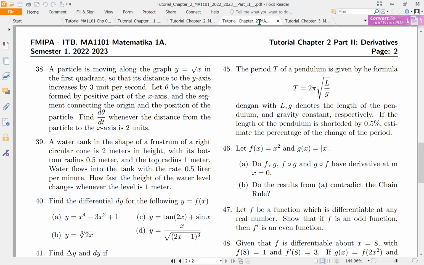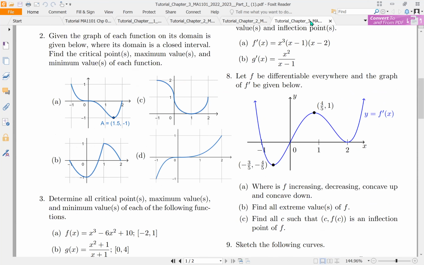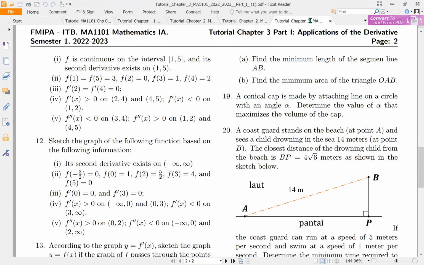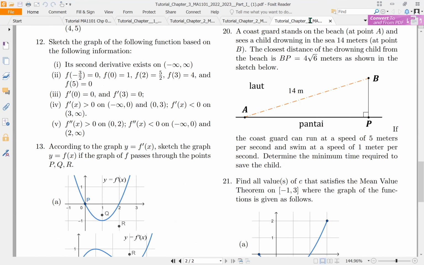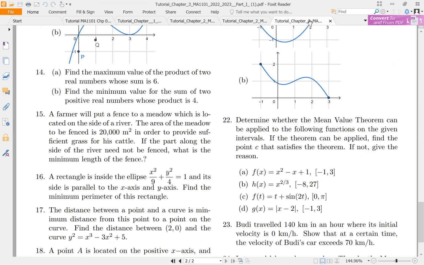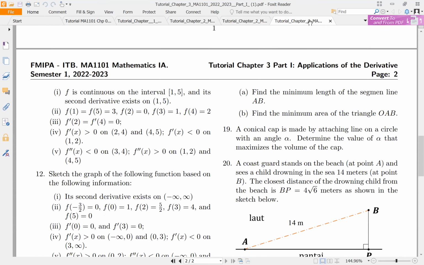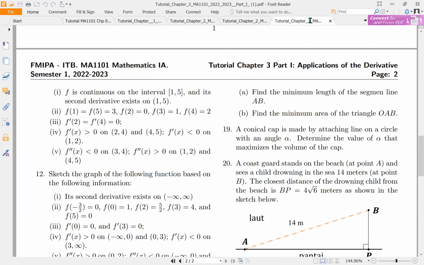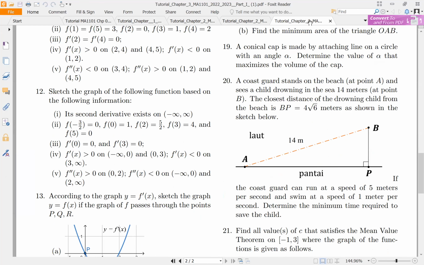That's the typical one. And for the practical problems, it's better to consider the questions from number 14 until number 20, especially the longer problem like number 20.